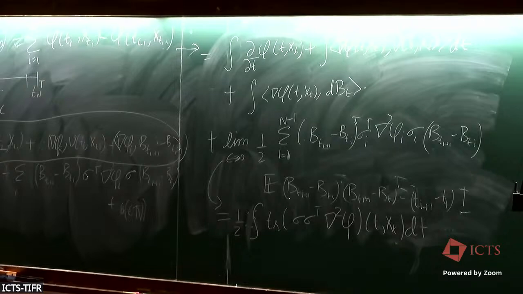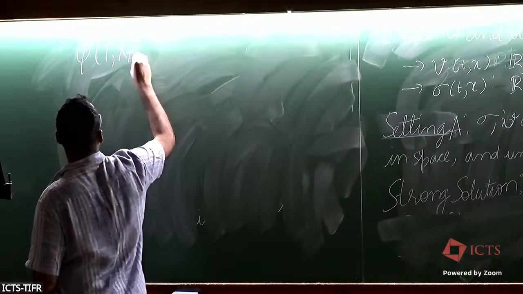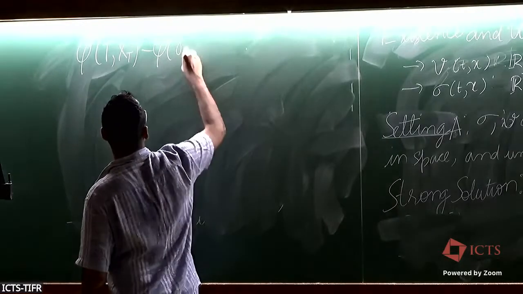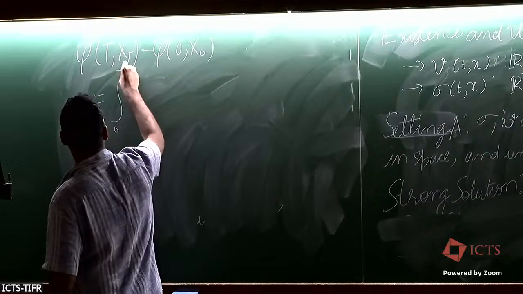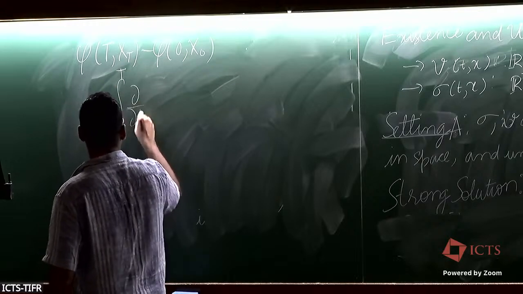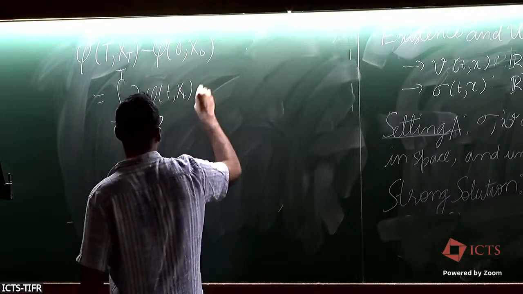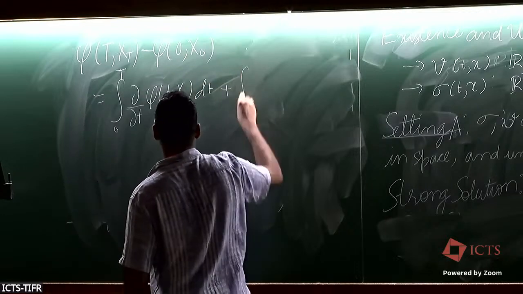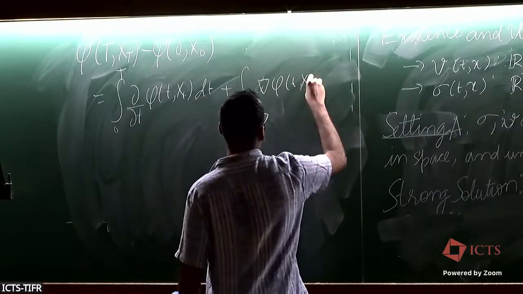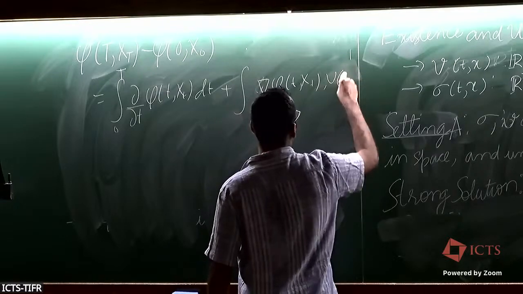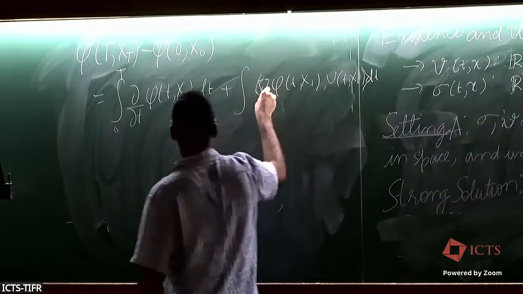So what we say is that phi(t, x_t) minus phi(0, x_0) is equal to the integral from 0 to T of the partial derivative of phi with respect to t, dt, first term. The second term is grad phi(t, x_t) with v(t, x_t) dt.